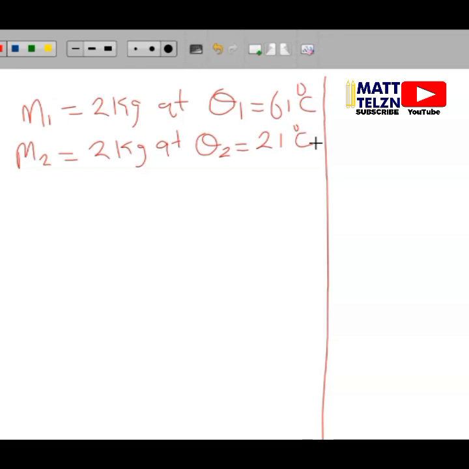Now we are asked to calculate the final temperature. We can say let the final temperature be theta 3. Let's use theta 3 to represent our final temperature.